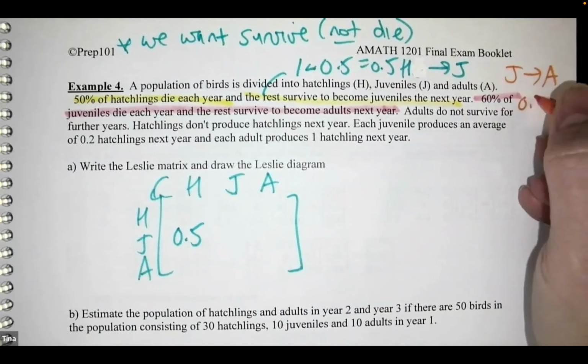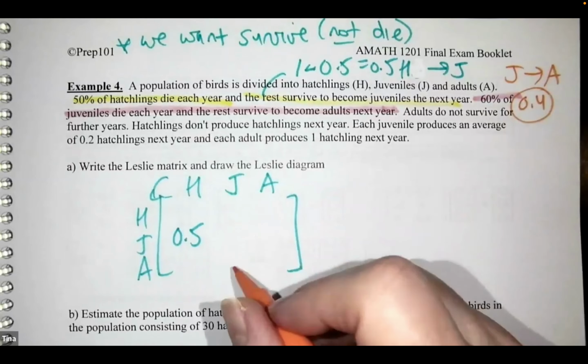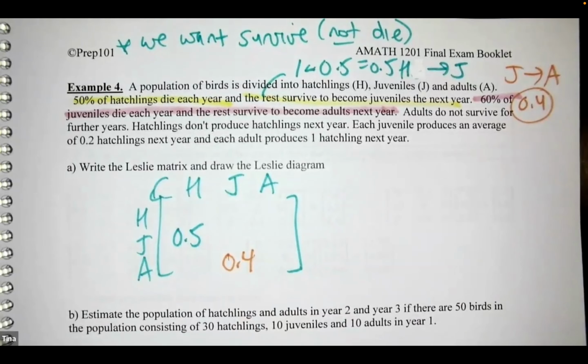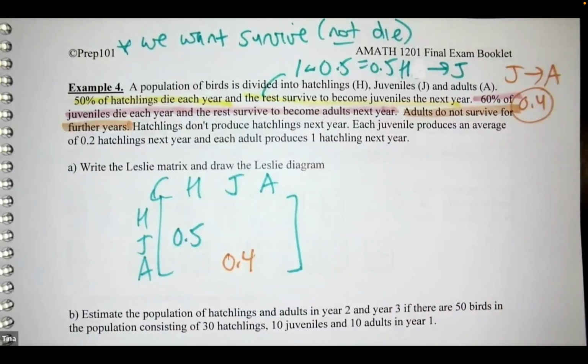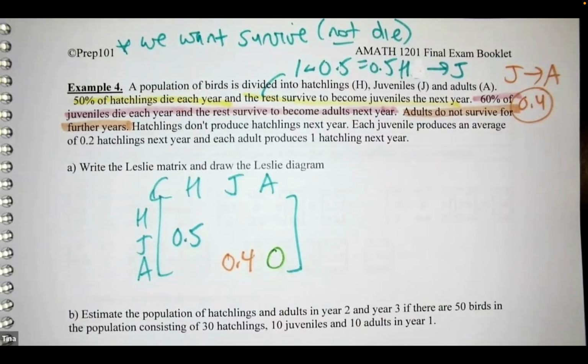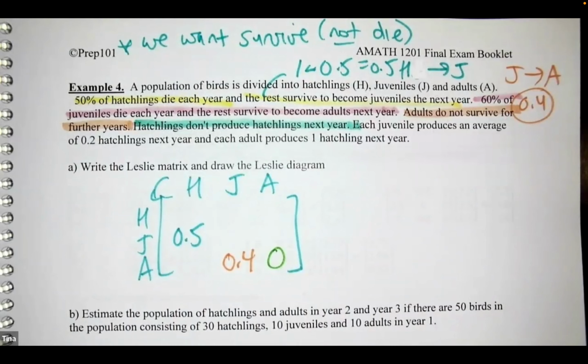So 0.4 is the number that survive, right? Juveniles to adults would be down here. So 0.4 survive. Adults do not survive further years. So adult to adult, 0. That's depressing. Okay. And hatchlings don't produce hatchlings next year.